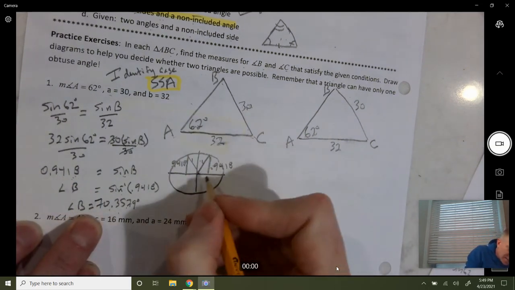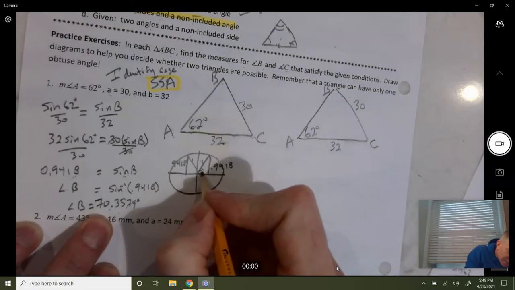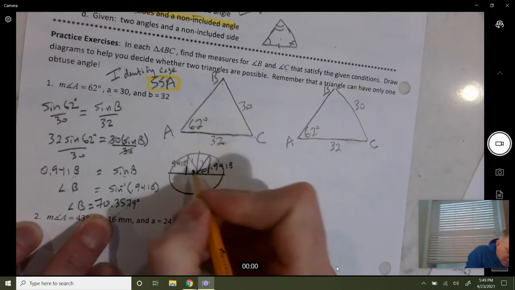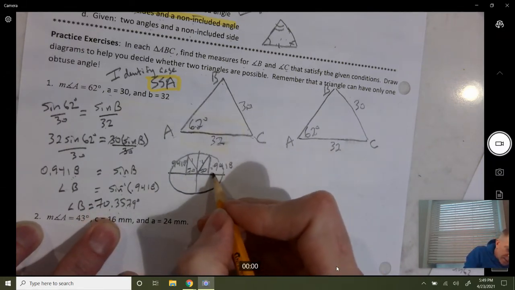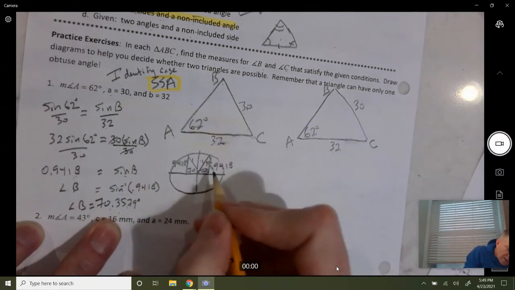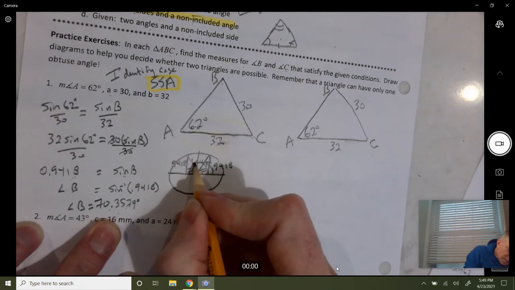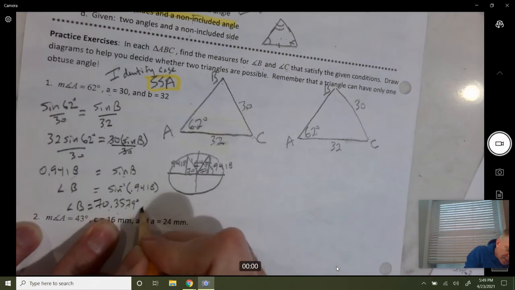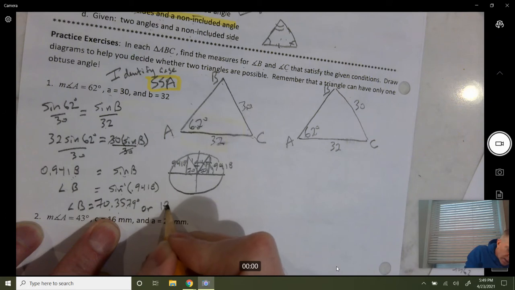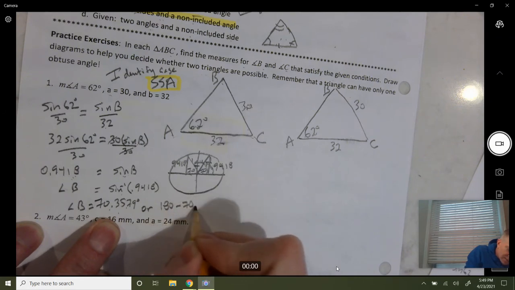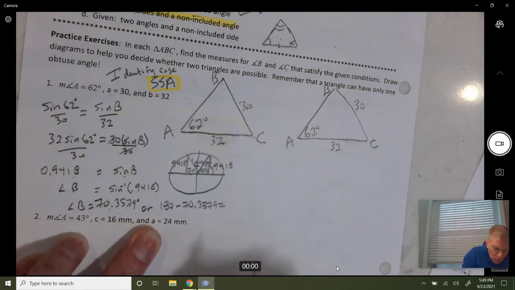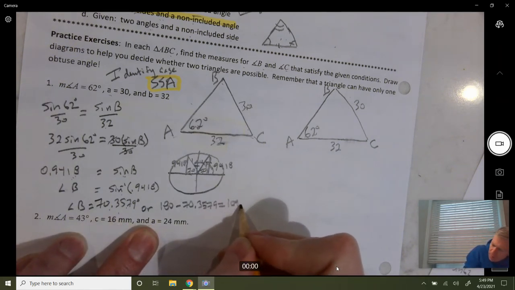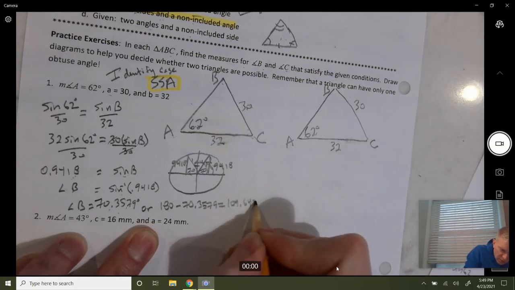My reference angle is 70. I'll just put the 70 in there. I don't have a lot of space here. This one's also 70. So my angle B is either 70, but it could also be this one over here, 180 minus 70.3579, which is equal to 109.642.